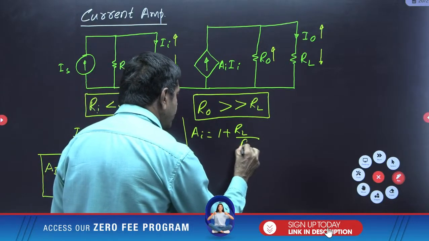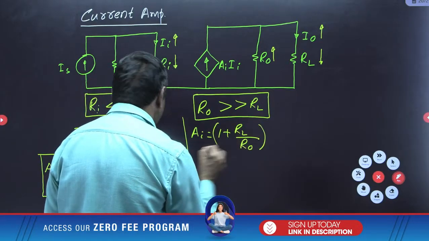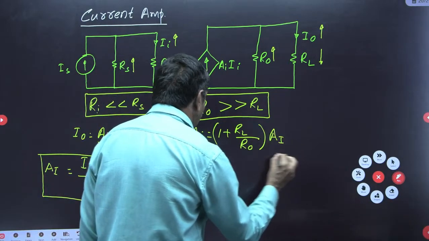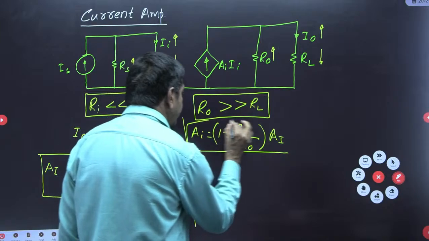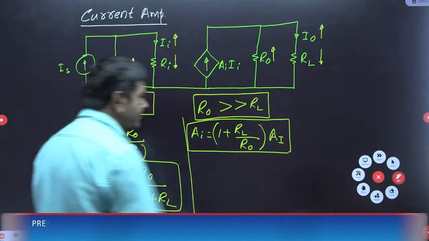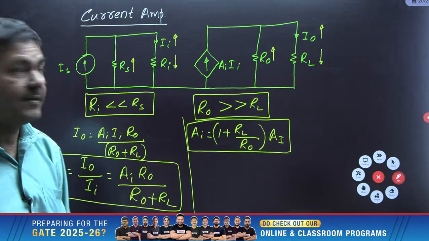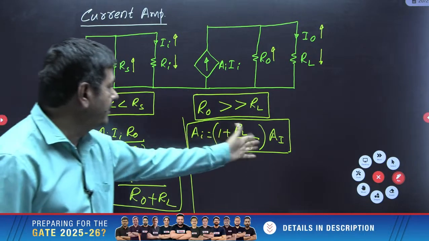Ai is multiplied by one plus RL by R0, and that is to be multiplied by A suffix capital I. If you are asked to find the internal current gain, this is the formula. Questions are asked like this only. The internal current gain for the current amplifier is this much value.